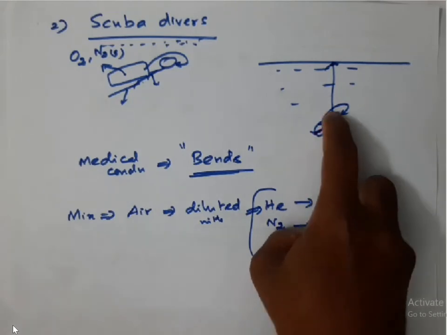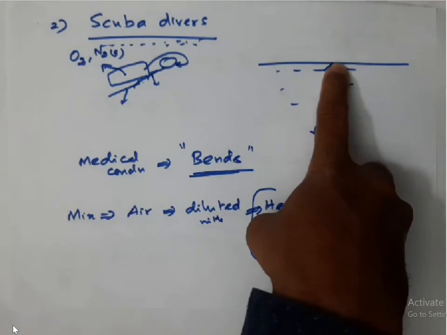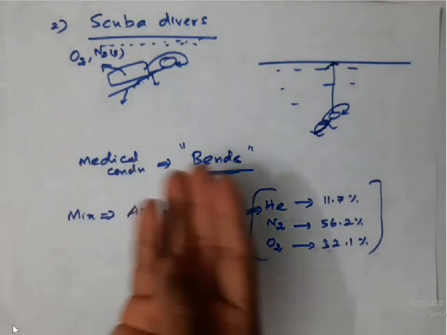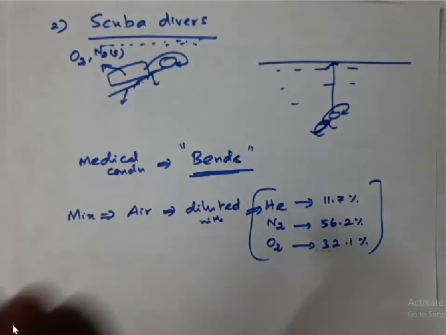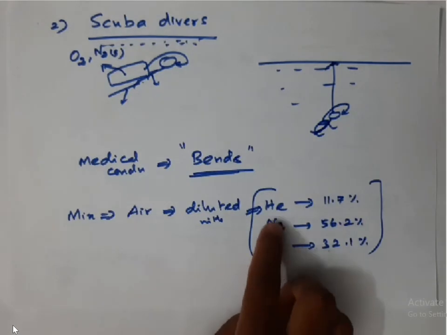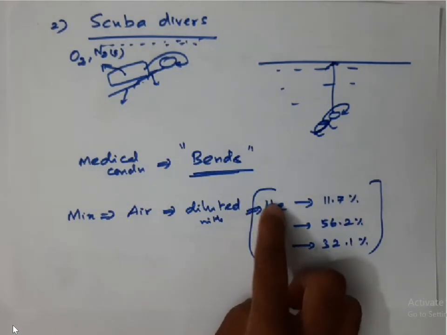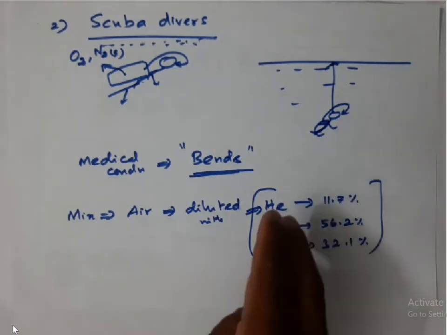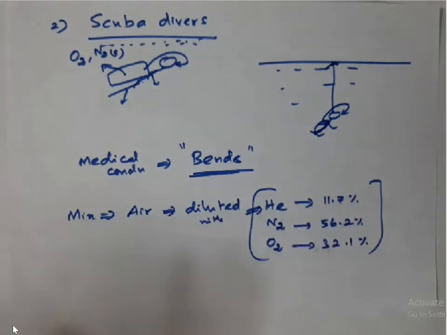When they reach the surface, these dissolved nitrogens come out, and it creates a problem called bends. To avoid this, people mix some amount of helium gas along with the mixture, and you will never get any bends problem. So this is another important point. Just keep it in mind.